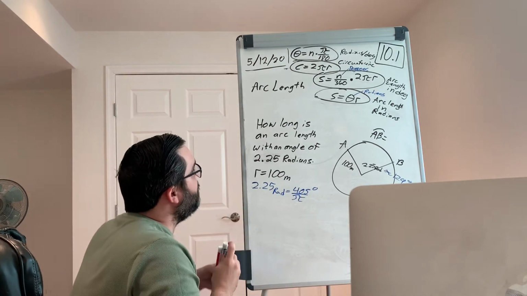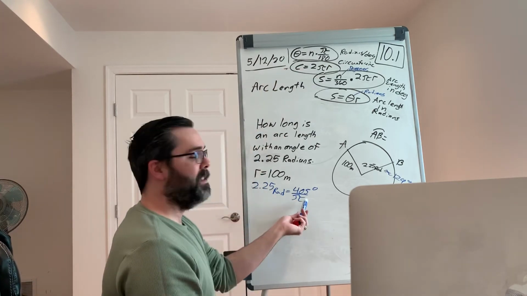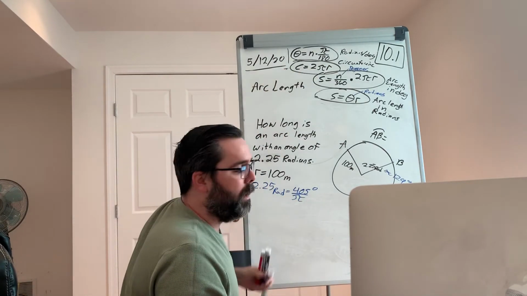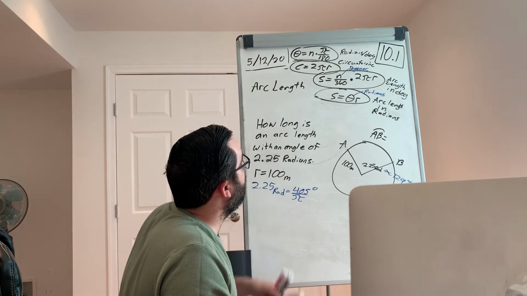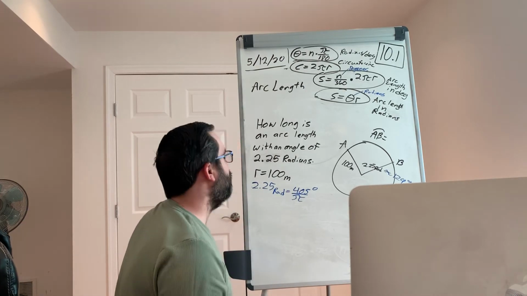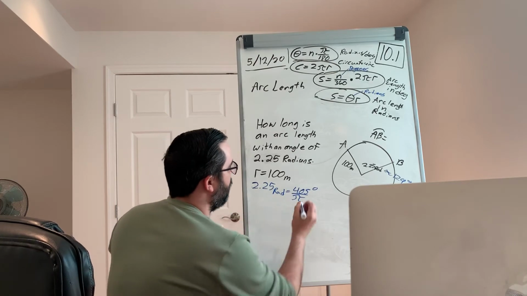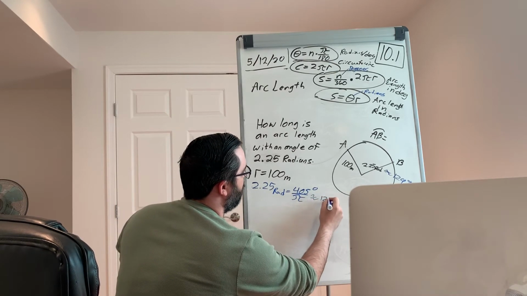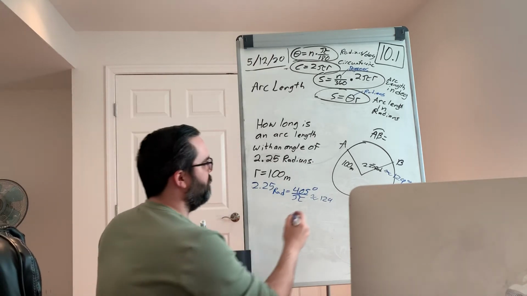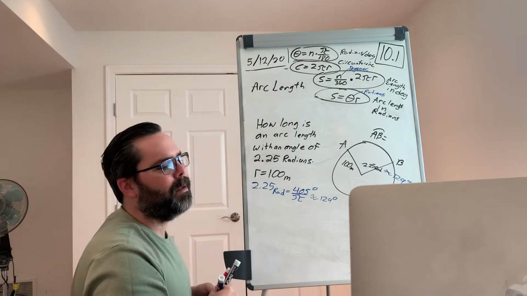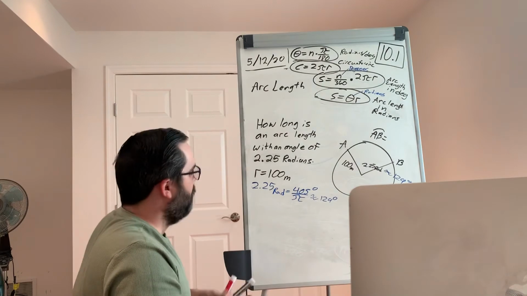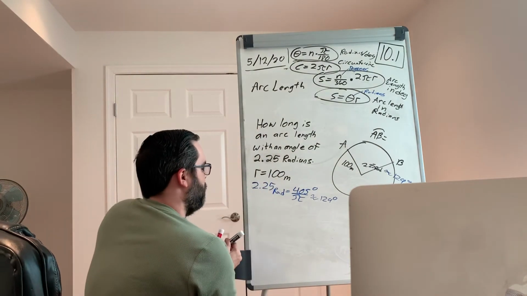Okay, so now I'm going to use this formula because I have degrees now. You know what? Let's just say it's 129. Let's just leave it like that. We could put it in terms of pi, but I'm going to confuse you if I do that. All right, so let's use the formula.